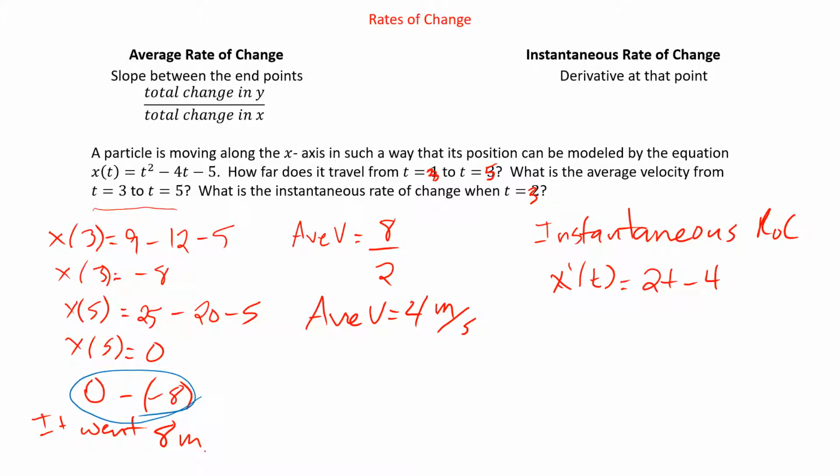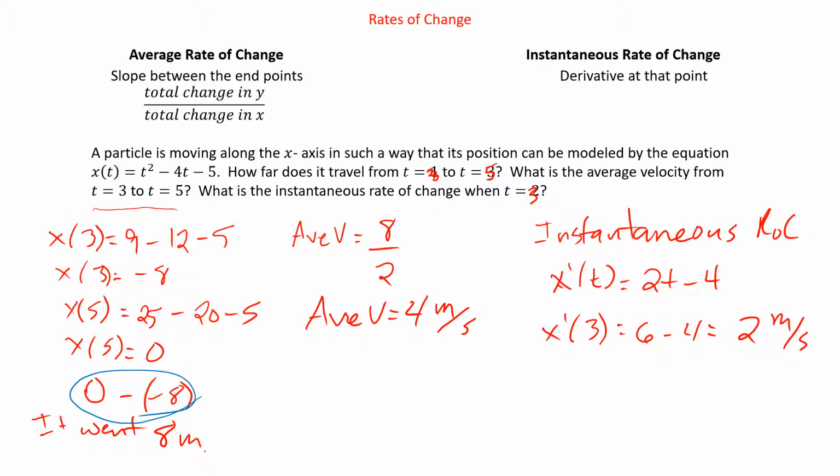If t equals 2, it would have just been 0. t equals 3 puts it at the beginning of the interval. That's why I changed that. So x prime of 3 is 2 times 3, which is 6, minus 4, equals 2 meters per second.